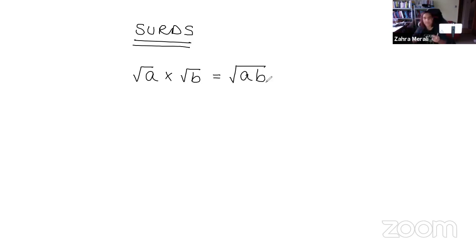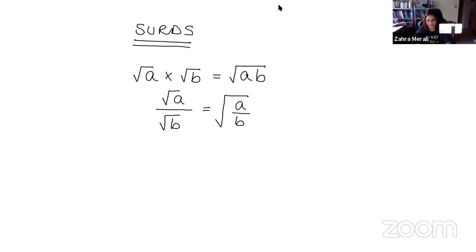Now, if you remember, ab just means a times b. And the square root of a divided by the square root of b is the same as the square root of the whole of a over b. So that's the first thing that we need to know. 2 rules, nice and straightforward.